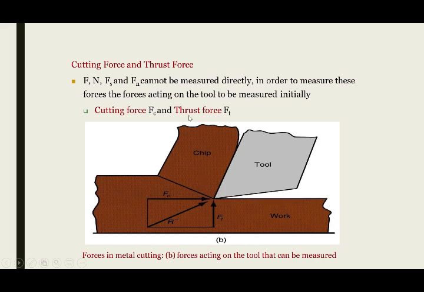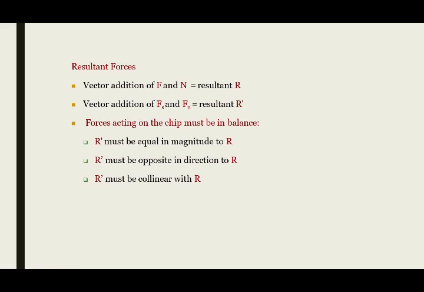The thrust force will be normal to this cutting force, as thrust is experienced by the tool, and the resultant of this is R. So the resultant force, the vector addition of F and N, results in R, and for Fs and Fn the resultant is R dash. Whenever there is machining, forces acting on the chip must be in balance condition.